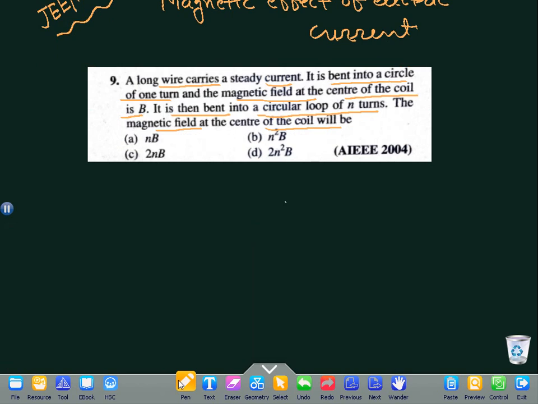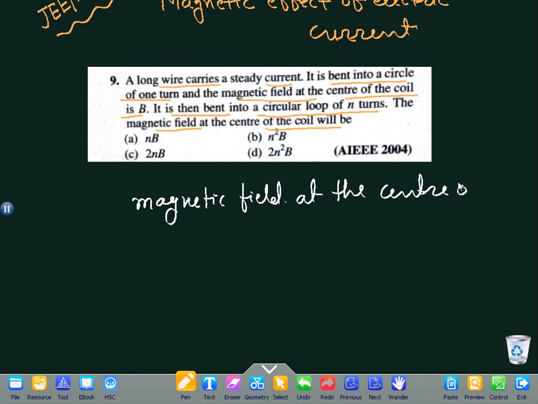Here the magnetic field is given by the equation: magnetic field at the center of a coil, B is equal to mu naught I upon 2R. This is the equation for the magnetic field at the center of a circular coil.